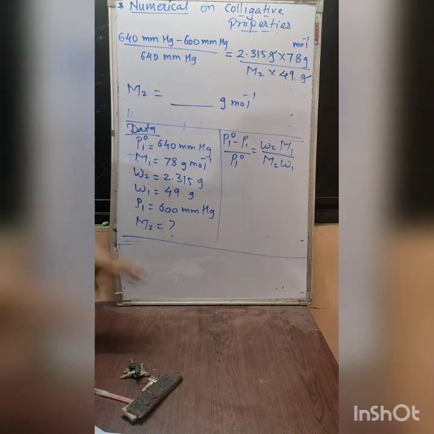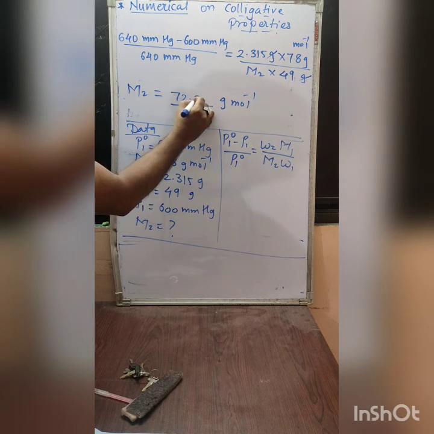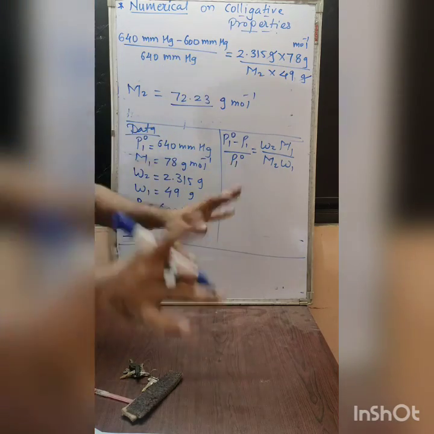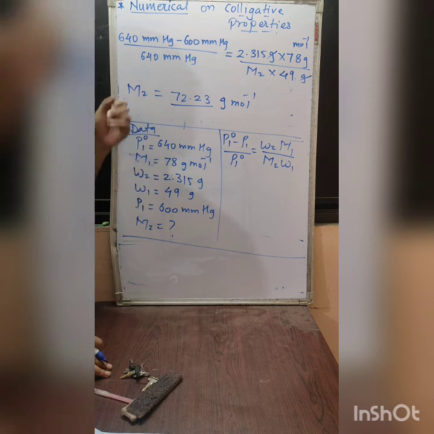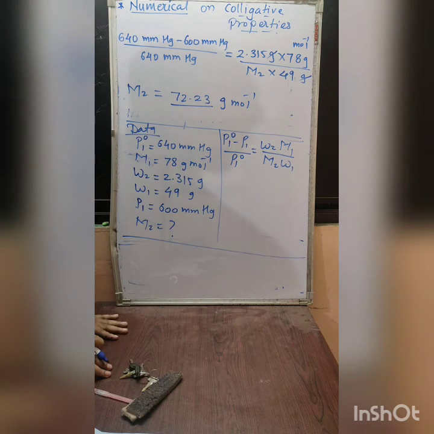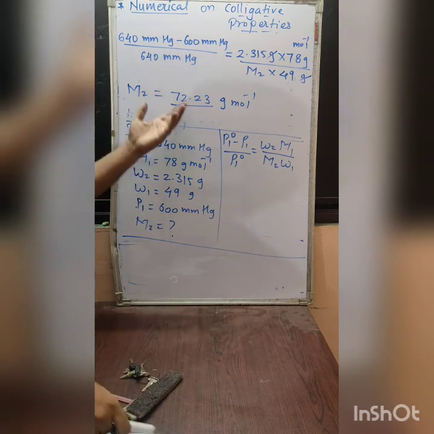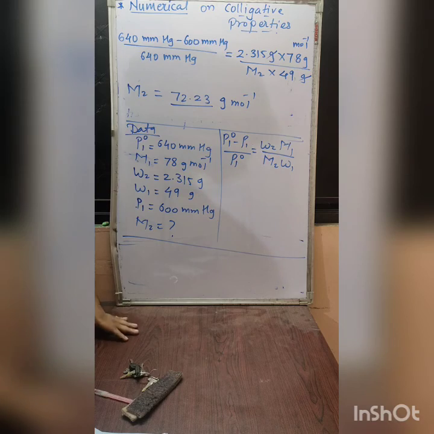So I will write the direct answer. Here we get 72.23 gram per mole, when you calculate with the help of log. So M2, the molar mass of solid, is 72.23 gram per mole.